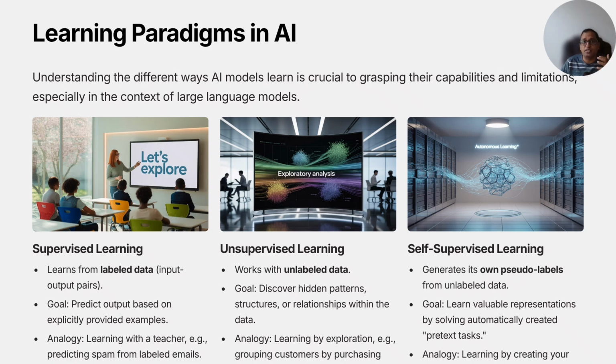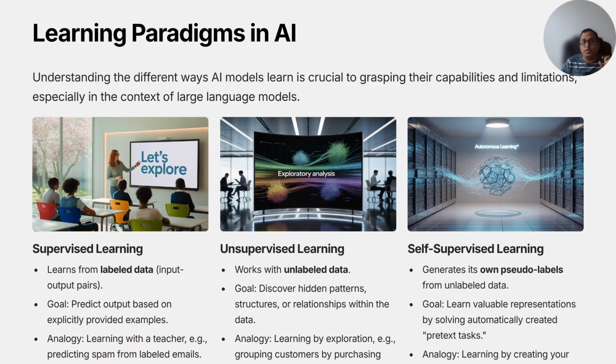Instead, the model tries to discover patterns or structures hidden in the data. A common example could be clustering customers based on their purchase behavior. You can think of this learning as learning through exploration. The model is not told what to look for. This is what we have seen in typical machine learning algorithms.